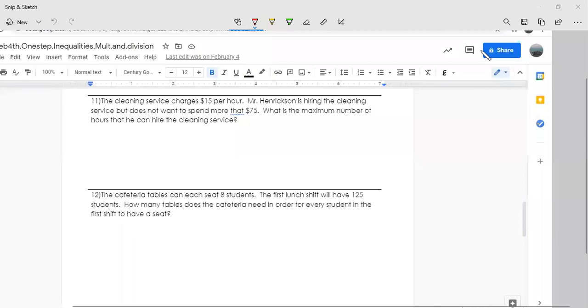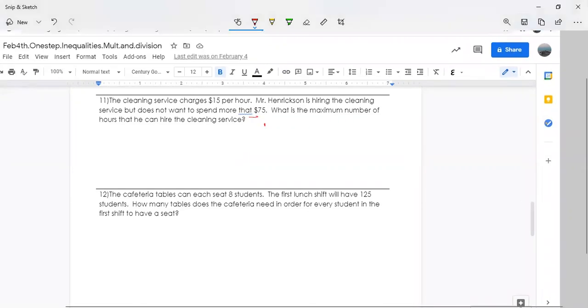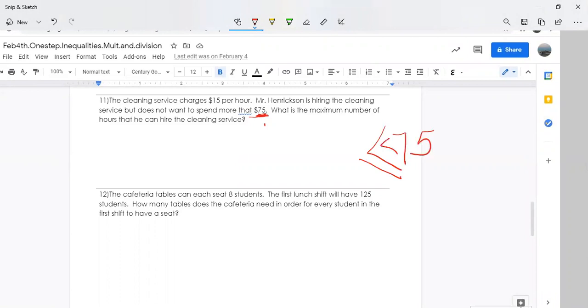And so number 11 says the cleaning service charges $15 per hour. Miss Henry is hiring the cleaning service but does not want to spend more than $75. What is the maximum number of hours? Okay, so the money has to be, she doesn't want to spend more than $75. So she wants to spend less than or equal to $75. $75 or less. Okay, and it's $15 per hour. We don't know how many hours. That's what we're going to look for.